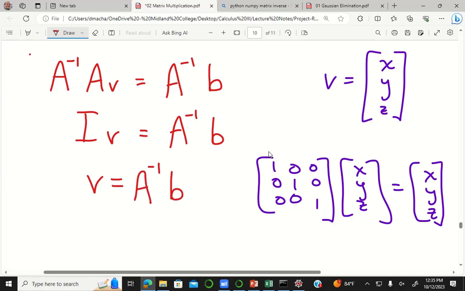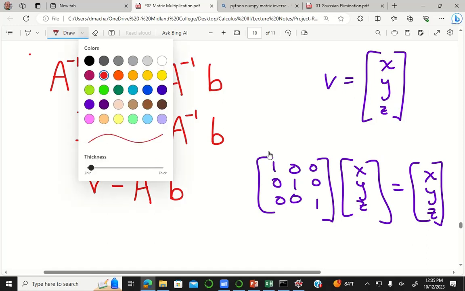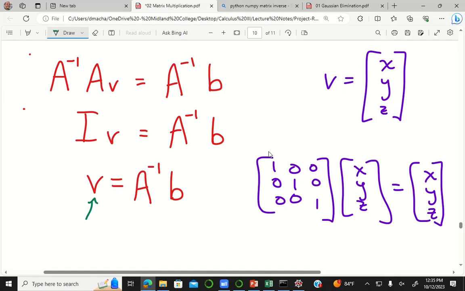A inverse times b, and that means v, that's the unknown we're solving for. And if we're solving for v, we're assuming that b is some known vector, right?